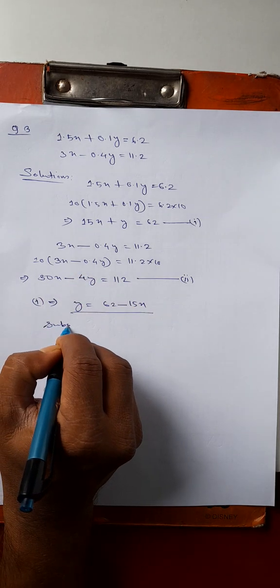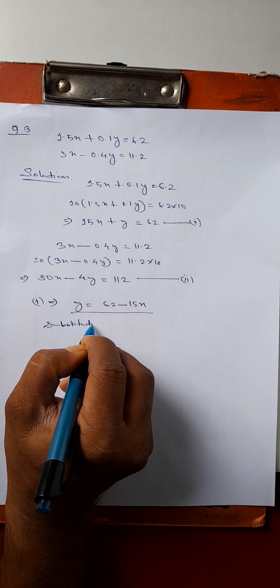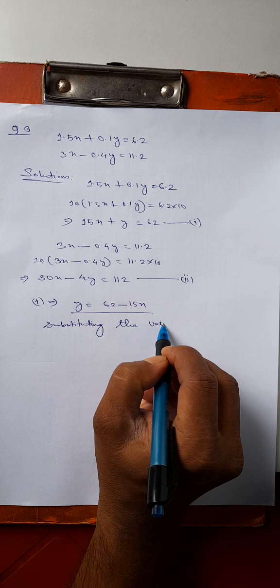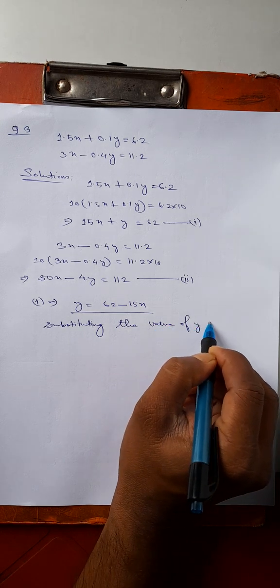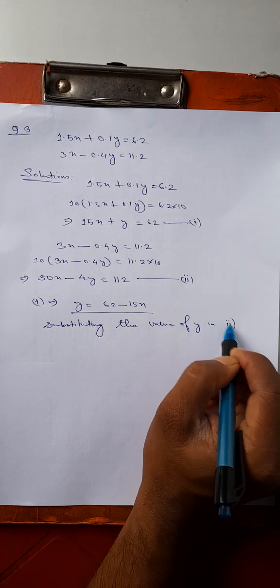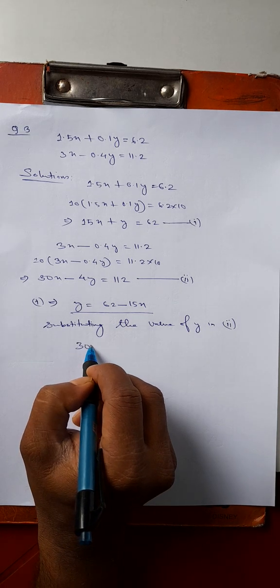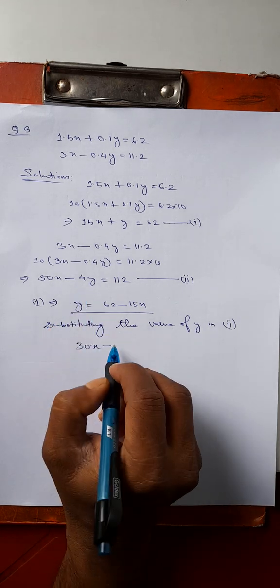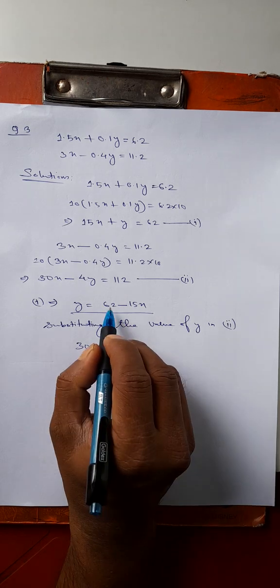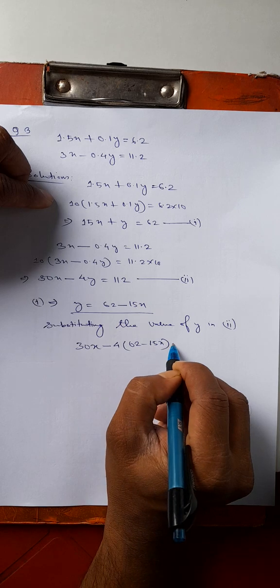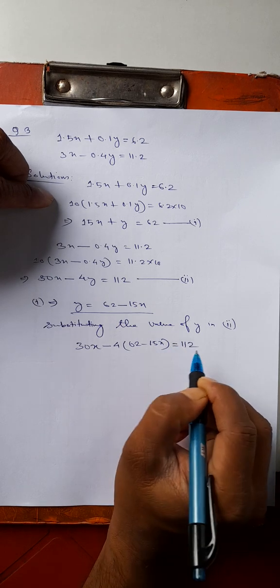Substituting the value of y in equation 2. What we will get? 30x minus 4y, y means 62 minus 15x, equal to 112. Right?